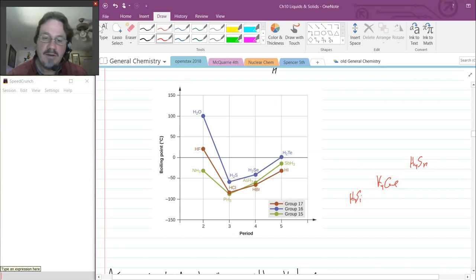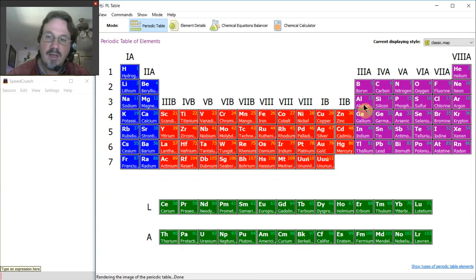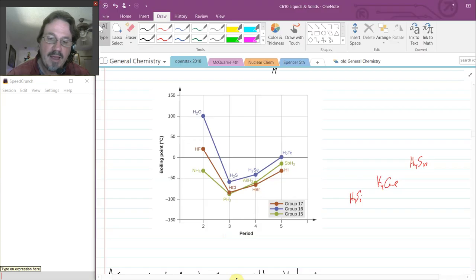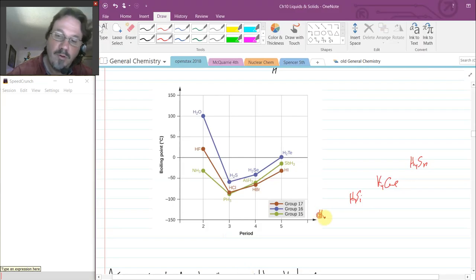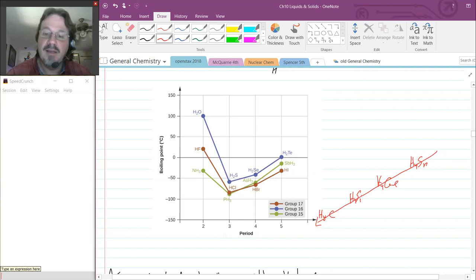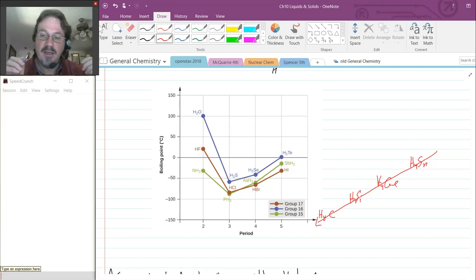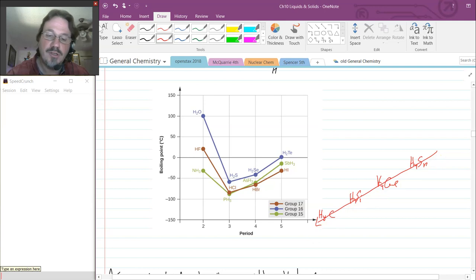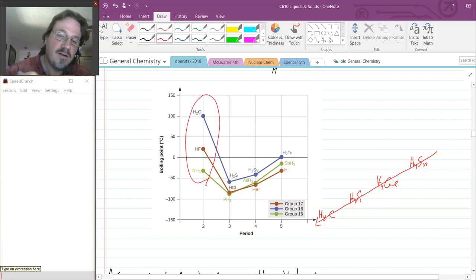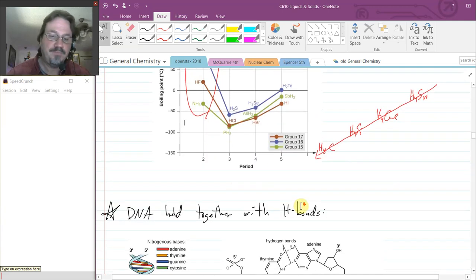It would be going down, down, down, just as I go from the largest to the smaller, and when I got to carbon, whoop, it would be way down here. It would continue that downward trend because there are no H's connected to O, N, or F. That is to say, there are no H bonds that kick in. And so those would follow the normal trend due to London dispersions. It's just these three right here that break the trend because they have H bonds.